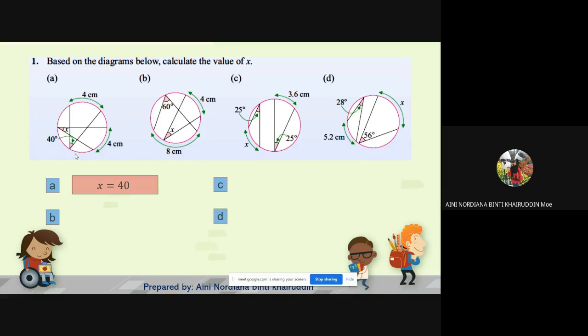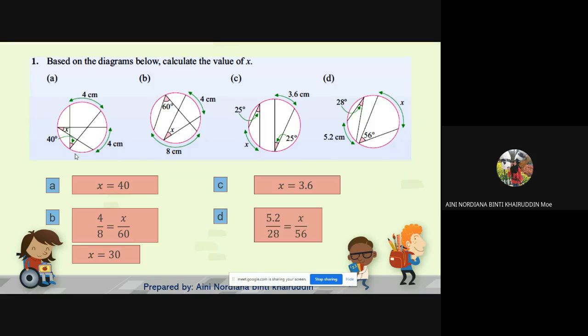So A, x equals 40, B, x equals 30, C, x equals 3.6 cm, and D, x equals 10.4 cm. The angle is double, so the length also double.